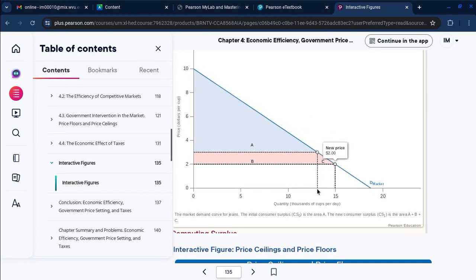And we can see here, if we hover in the right spot, well, it's not highlighting it, but that is 13.1. So we multiply those together, and that would give us this square, if we imagined a whole square here, and we divide that by 2, and that gives us the blue triangle, which is consumer surplus under the initial price.